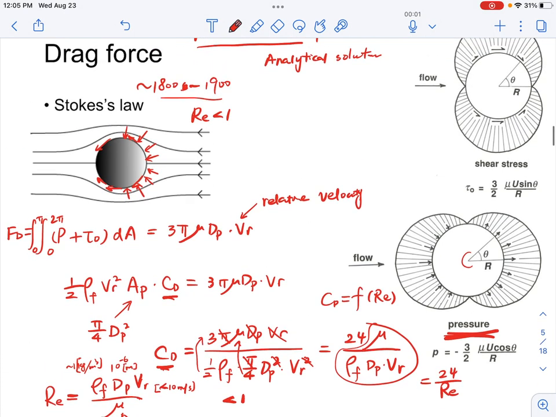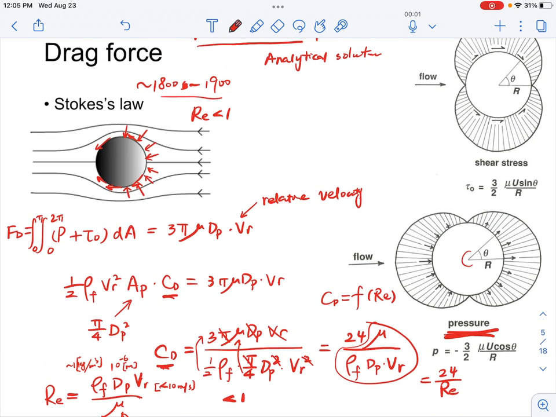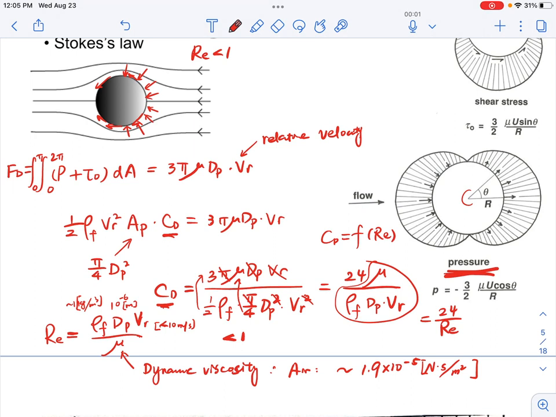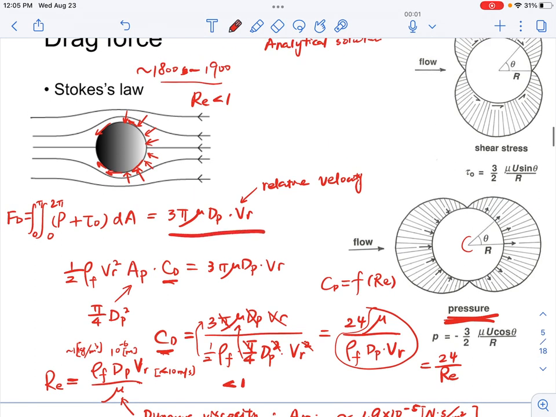So for the scope of this course, we could assume that the particle transport is in the laminar flow or creeping flow condition, so that we can directly use the drag force of 3 pi mu dp multiplied by VR. Just this term here.